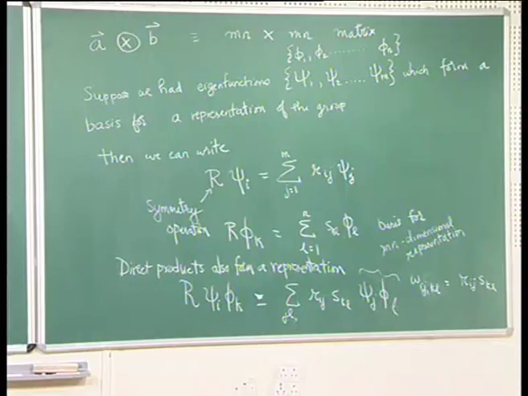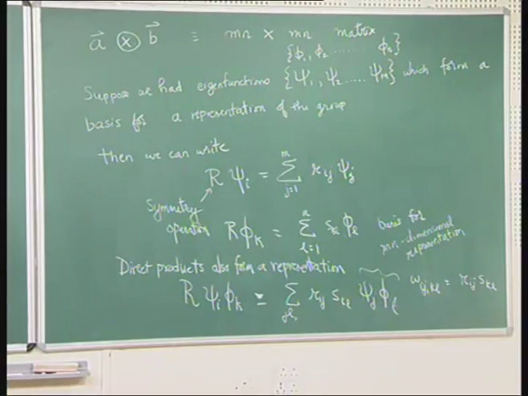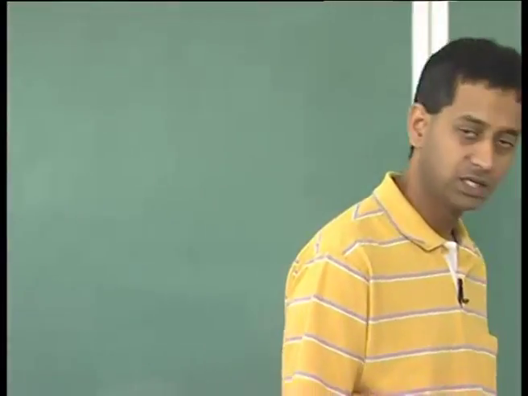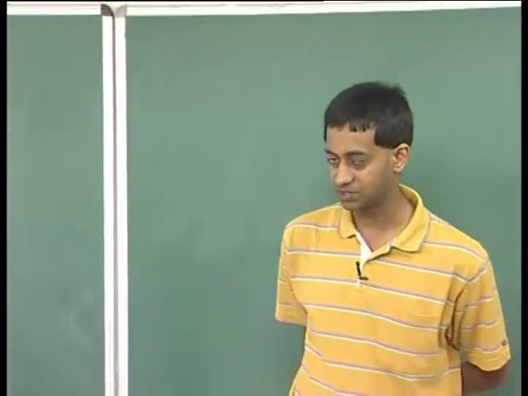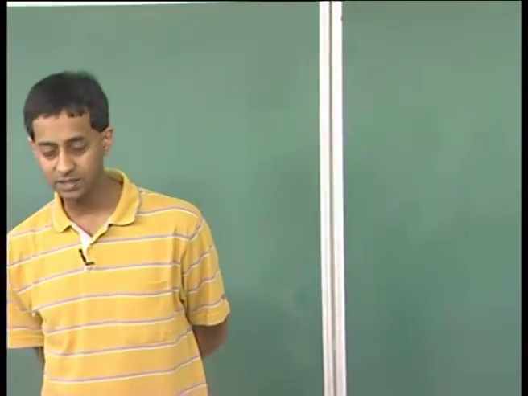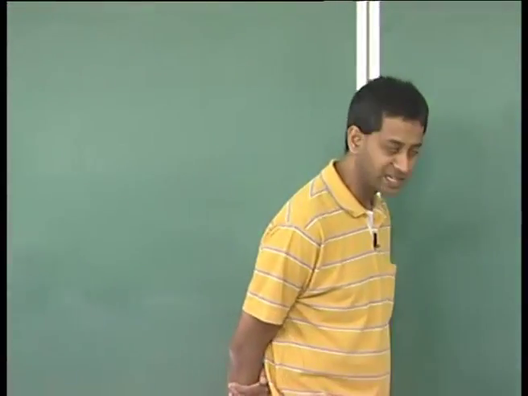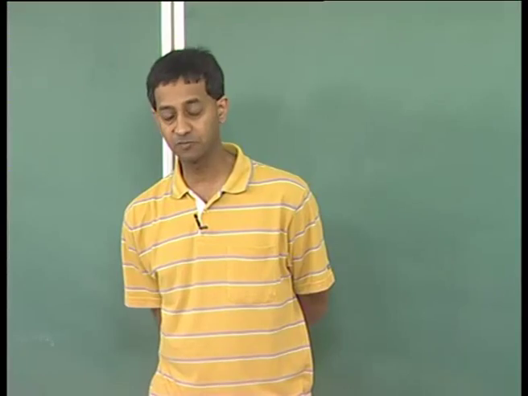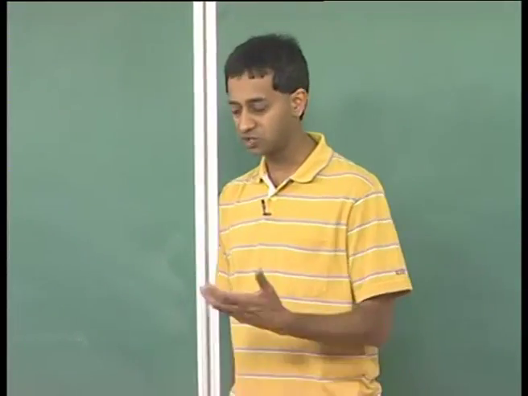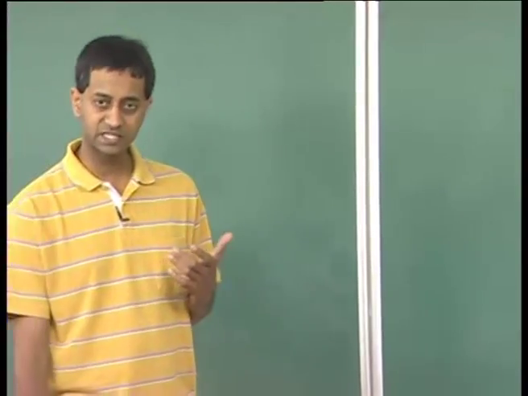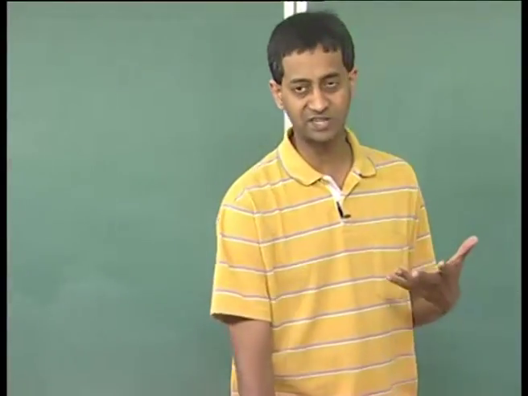And now we are going to show that this direct product has some more properties that we are interested in. So we said that this direct product of psi and phi, the direct product of these two basis functions, also forms a basis function for another representation. Now the two questions that will come up, if it is a representation, is it irreducible or is it reducible?